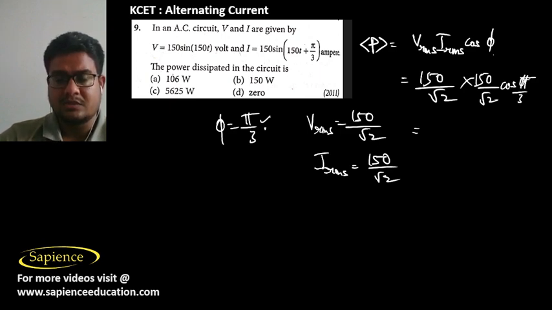So this will be 150 into 150, 22500, divided by 2, into cos pi by 3, which is half.